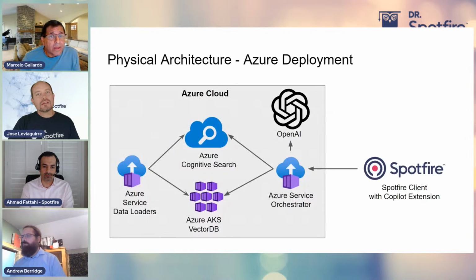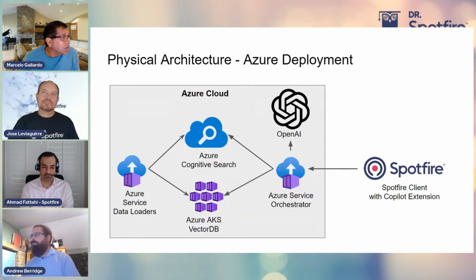Next slide. This slide just shows an example of a deployment on the Azure Cloud. Here we can see the Copilot components, the orchestrator, and the data loaders. They are deployed using Azure container applications, and the Vector DB can be deployed as an Azure Kubernetes cluster.